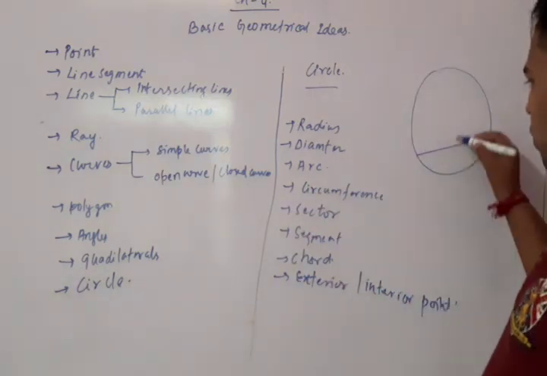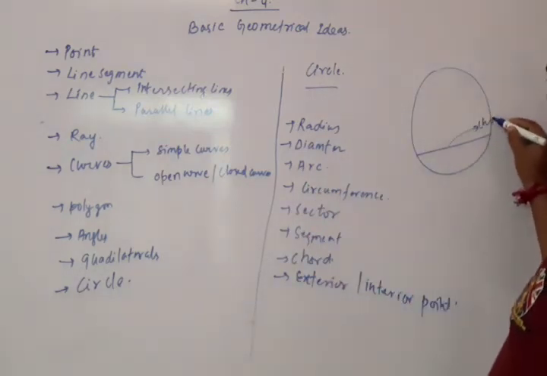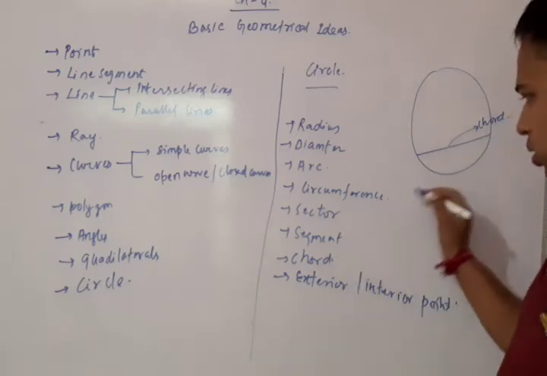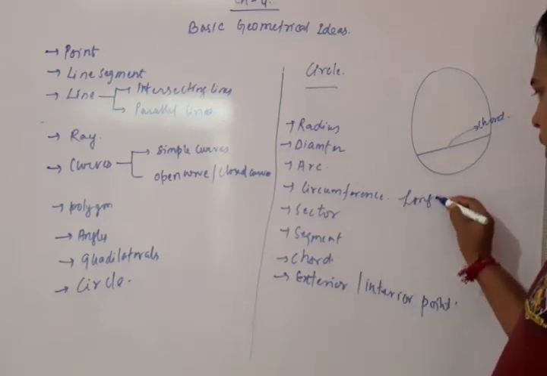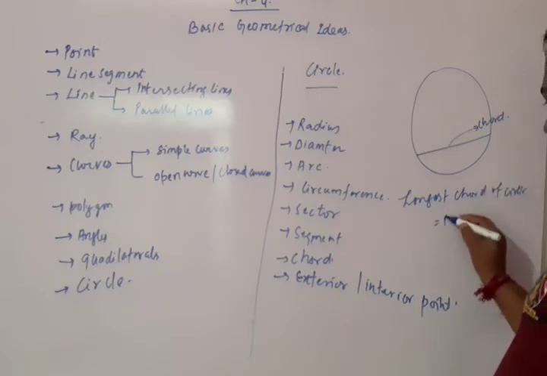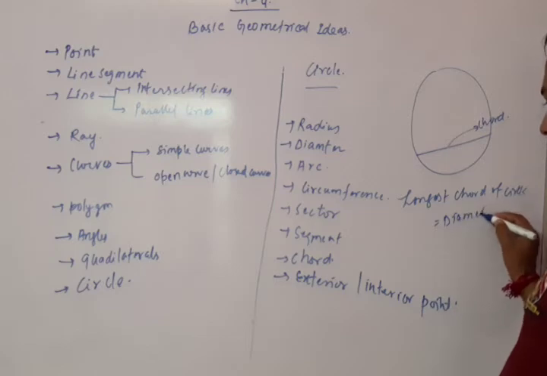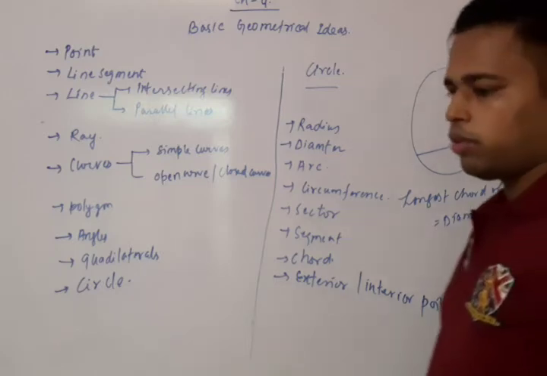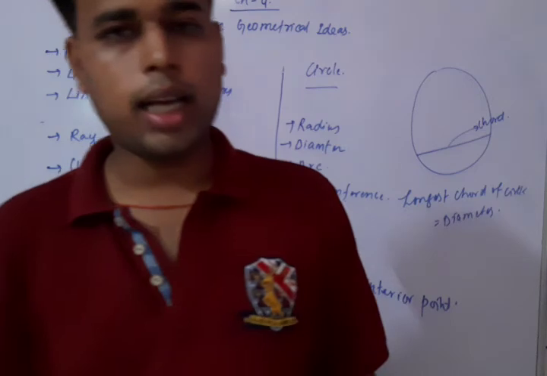This is a chord. And the longest chord of a circle is the diameter. The longest chord of a circle is known as the diameter.